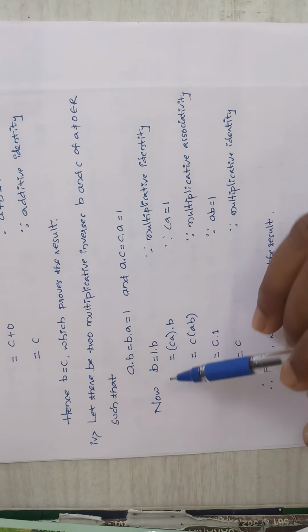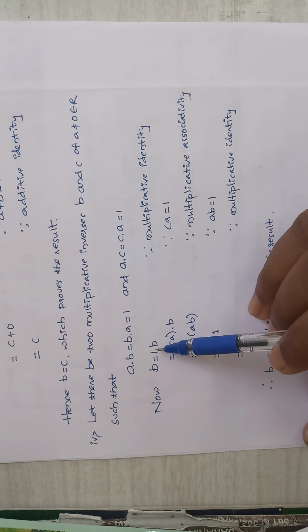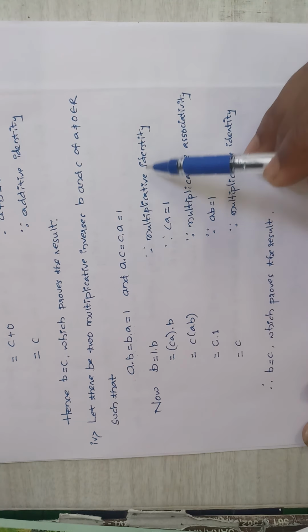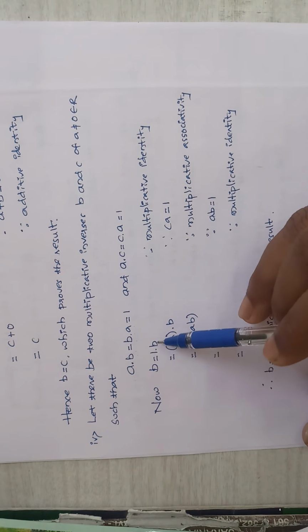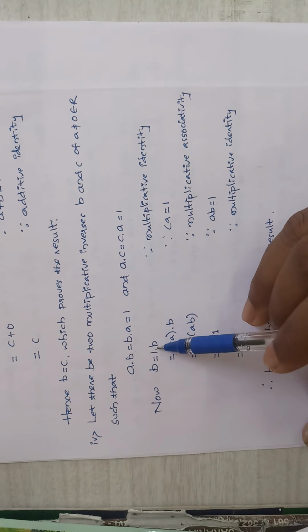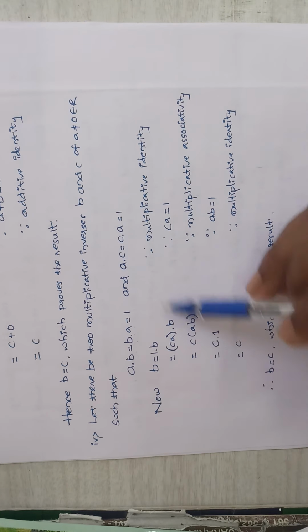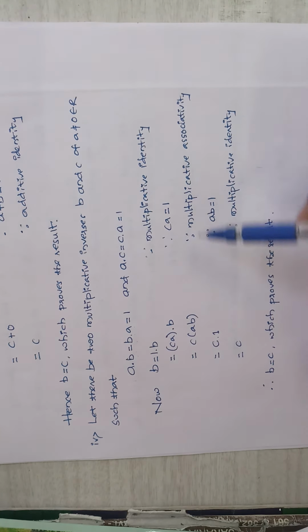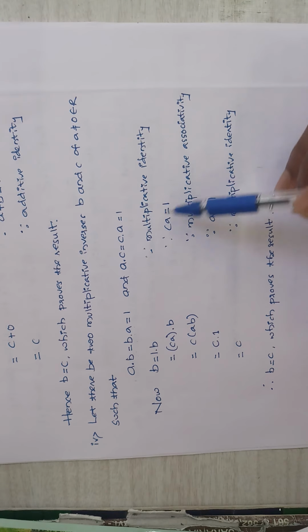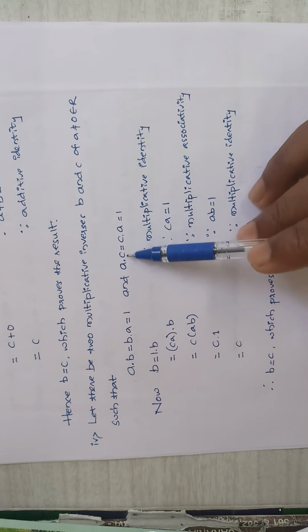So now I am taking B is equal to 1 into B. B can be written as 1 into B because of multiplicative identity. In the place of 1 I am taking CA, because CA is equal to 1, which I have already written here.